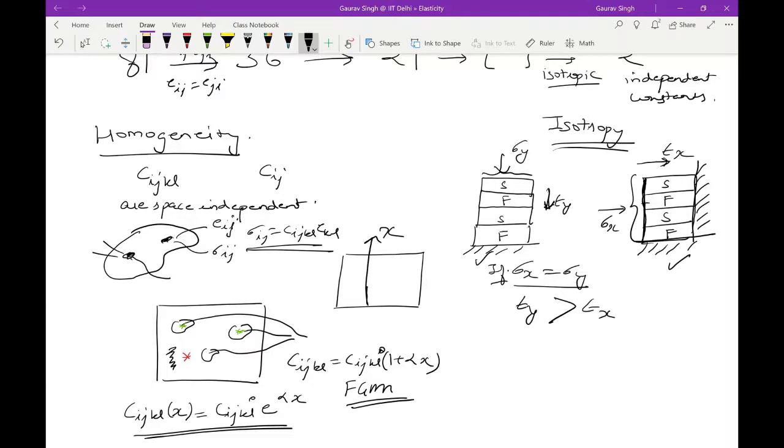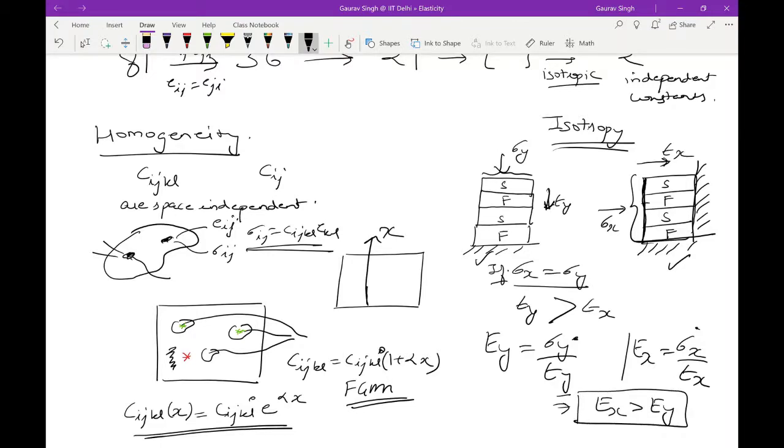For this case, the Young's modulus in the y direction would be Ey equals sigma y by epsilon y, and Ex is equal to sigma x by epsilon x. Since the stresses are the same and epsilon y is greater than epsilon x, this implies that Ex is greater than Ey. So the Young's modulus in the two directions is different, and that is the meaning of anisotropy.